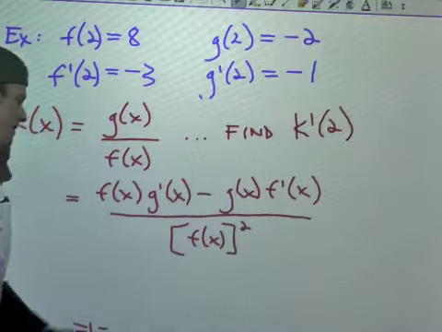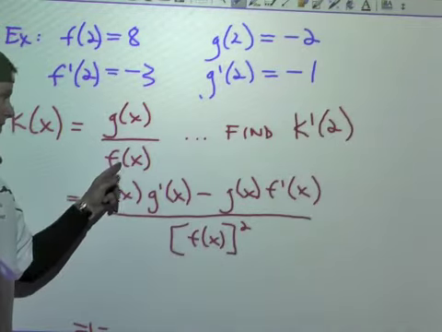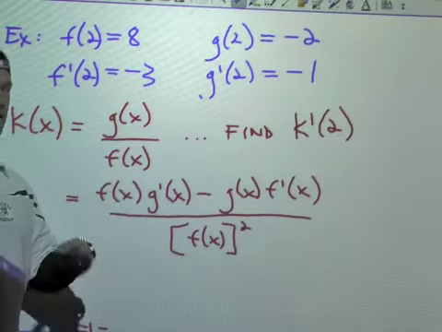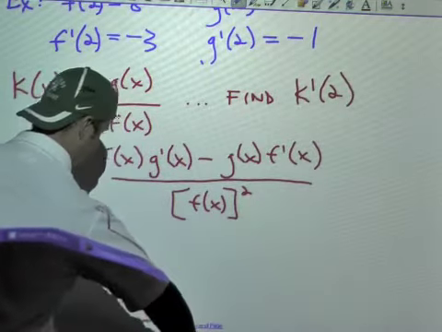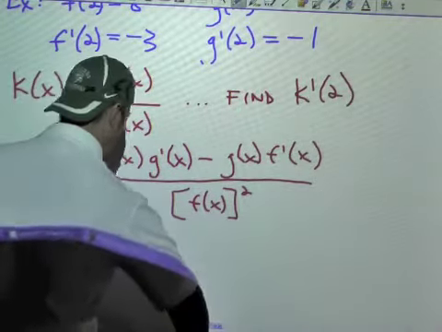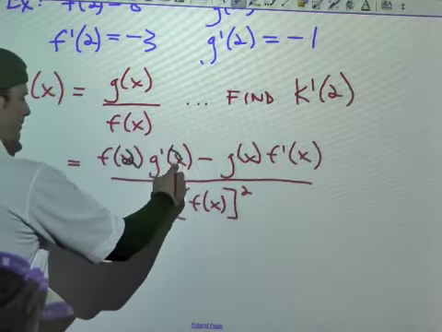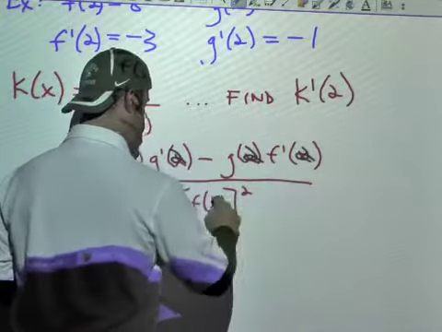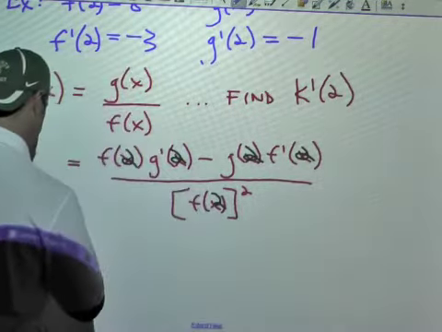Of course, notice that the letters are backwards from the actual formula we wrote down earlier because now f is in the denominator. AP exam does that a lot, so you gotta be careful. Alright, so now, again, if you just substitute 2 in for all the x's, it's just a matter of plugging in the values.